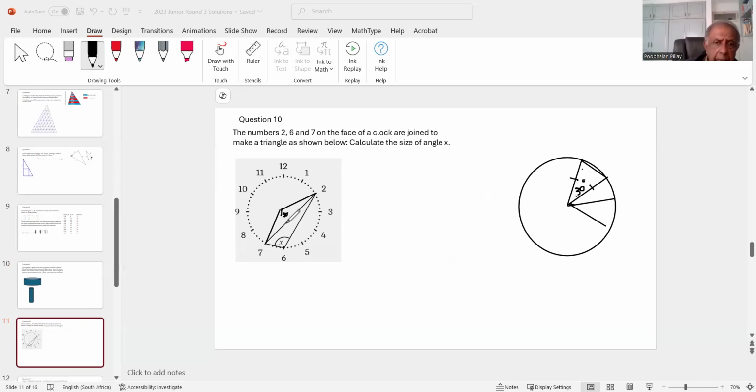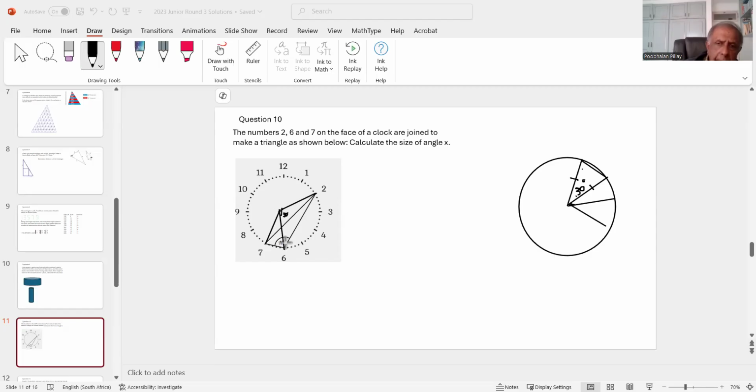As far as x is concerned, it's made up of two angles. Let me join this. Like that. Now I see that the whole angle is 150.